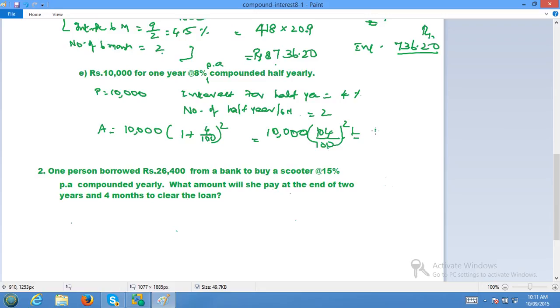This one is equal to 104 multiplied by 104. So the answer is 10,816 rupees. So interest is equal to 816 rupees.